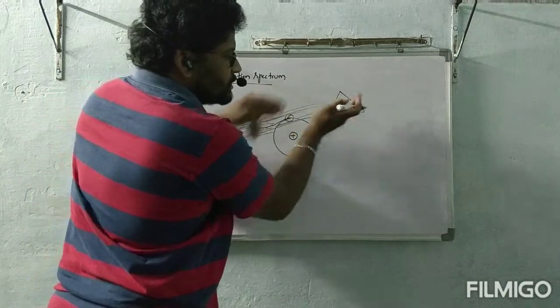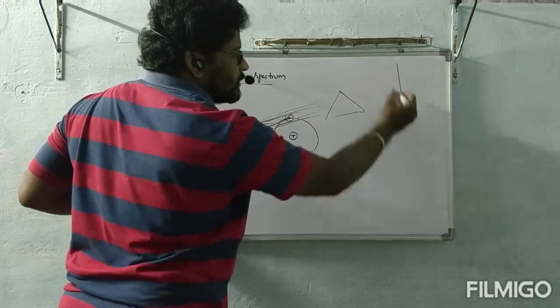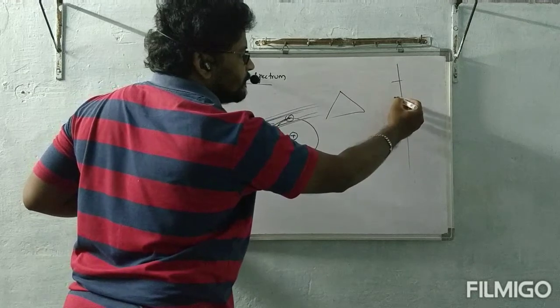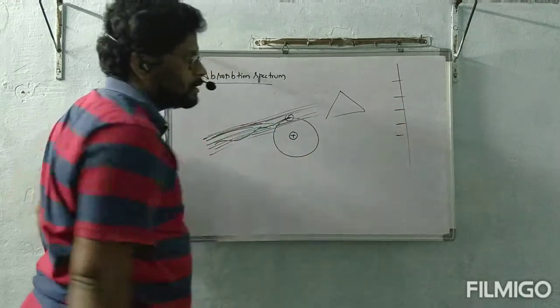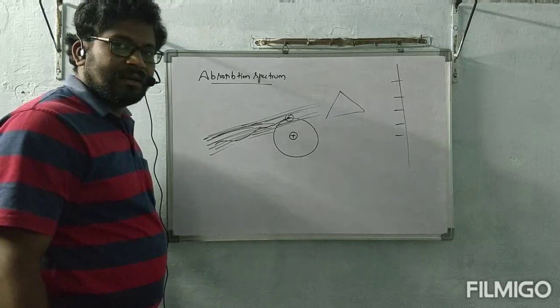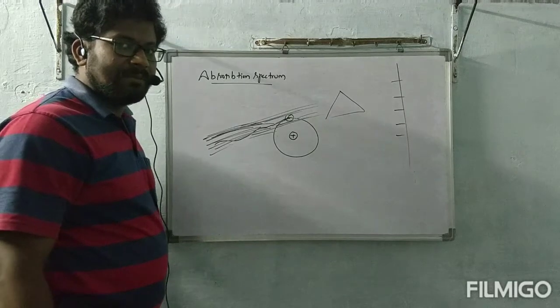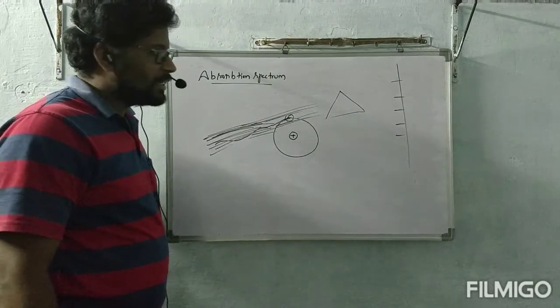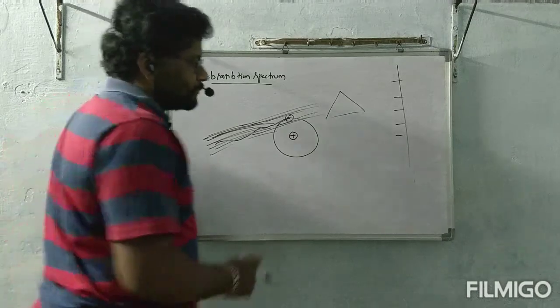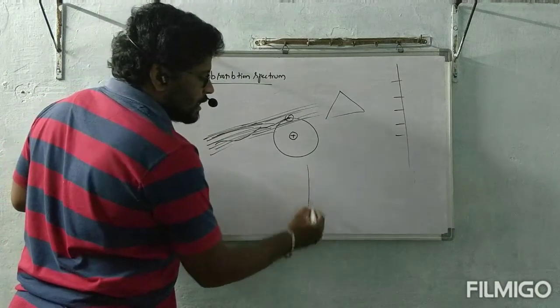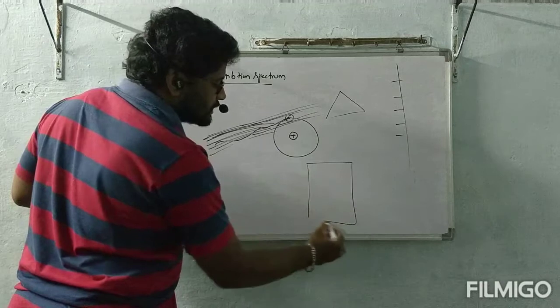When it is passed through the prism, we will get the spectrum as lines. But how will the lines be observed? It is observed on a screen. This is the screen.